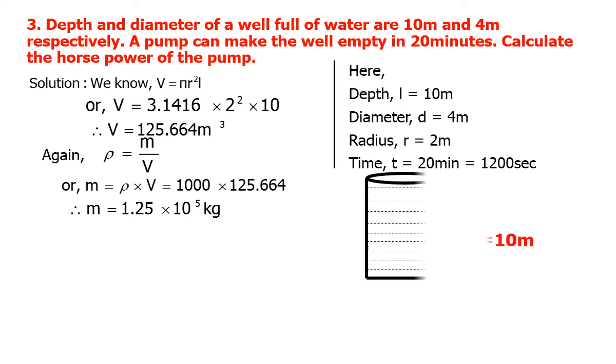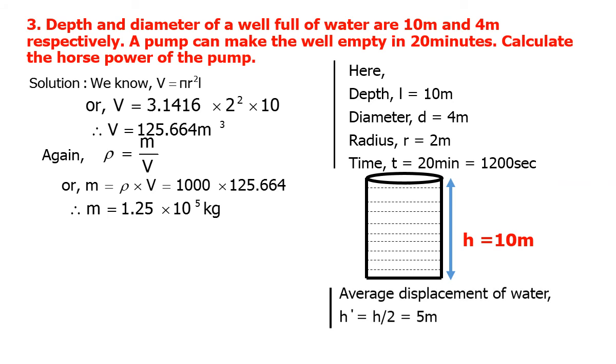So now let us discuss the main fact. This is a very important fact. If you want to empty the well completely, you cannot empty the well completely at once. Now if we consider three portions of the deep well, the portion at the top, the middle, and the bottom, the work done by the engine to raise the water from the upper portion is less.